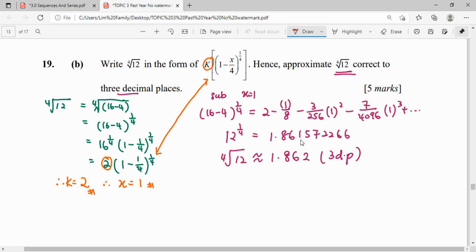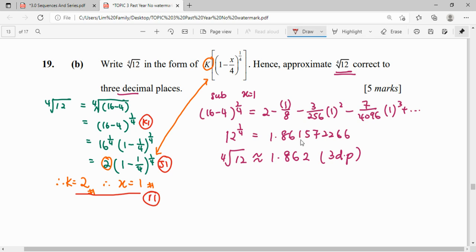So for this, what is the important concept here? The concept is how we simplify our form to the form that we can expand. Then from there, we find out the valid value of x.